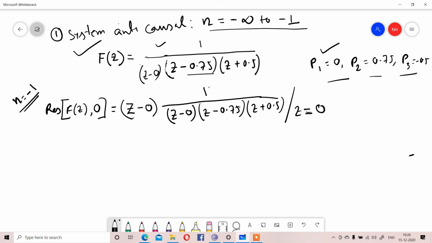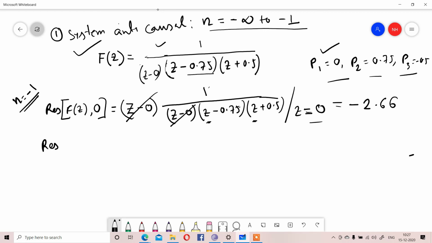As the pole is 0, so z will be 0. So z cancels out. Put all the z as 0, so it will be 1 by minus 0.75 multiplied by 0.5, and if you calculate it, the value will be minus 2.66. Okay, this is the first residue value.